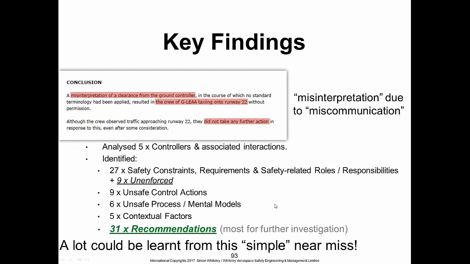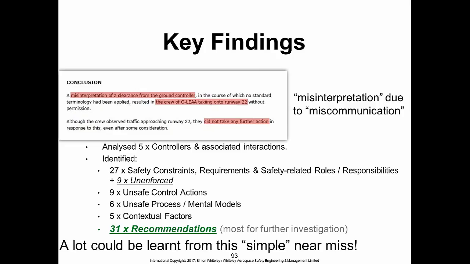Okay, so key findings. The conclusion of the incident report is that a misinterpretation of a clearance from the ground controller resulted in the crew of GLEA taxiing onto runway 22 without permission. Although the crew observed traffic approaching runway 22, they did not take any further action in response to this, even after some consideration. Now, this is just an incident report. It's not a detailed report.